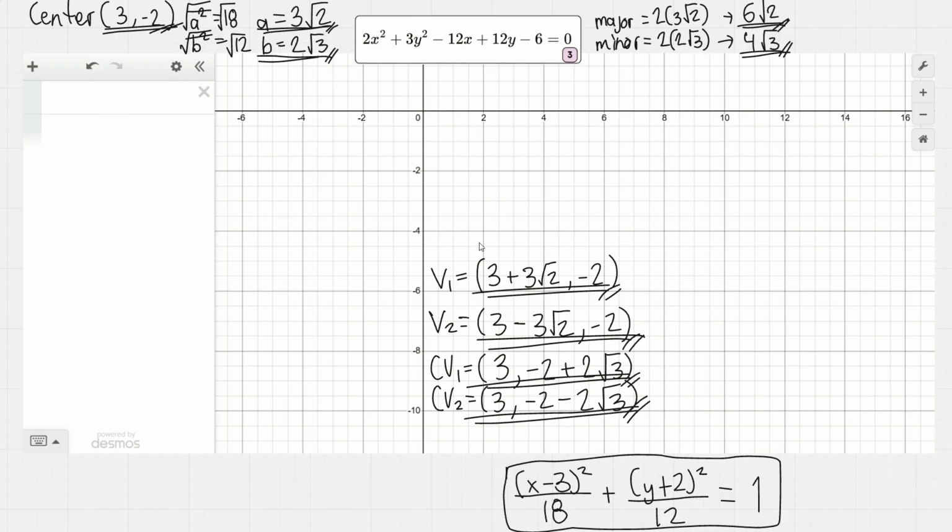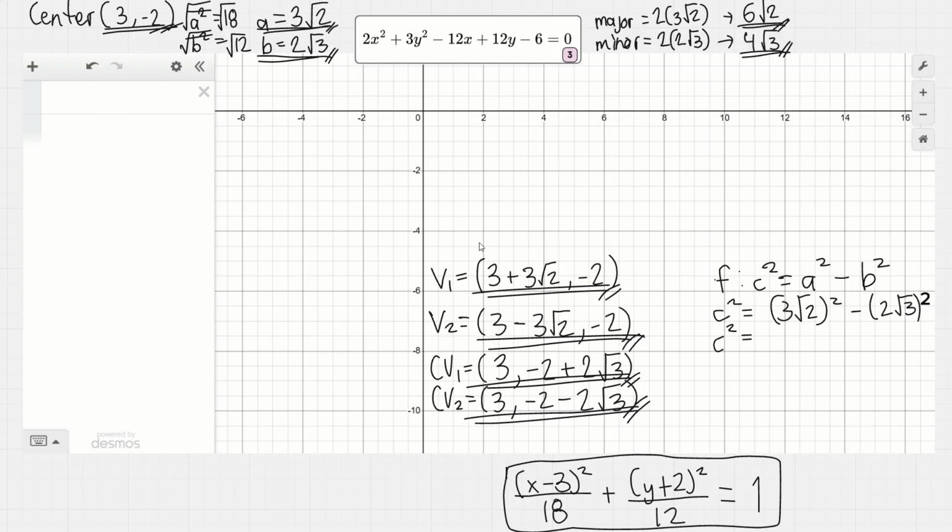Let's find the c value for our foci. Okay. Let's try to get the c value to get our foci. C squared equals a squared minus b squared. So c squared equals our a value, which is 3 square root of 2, squared, minus our b value, which is 2 square root of 3, squared.